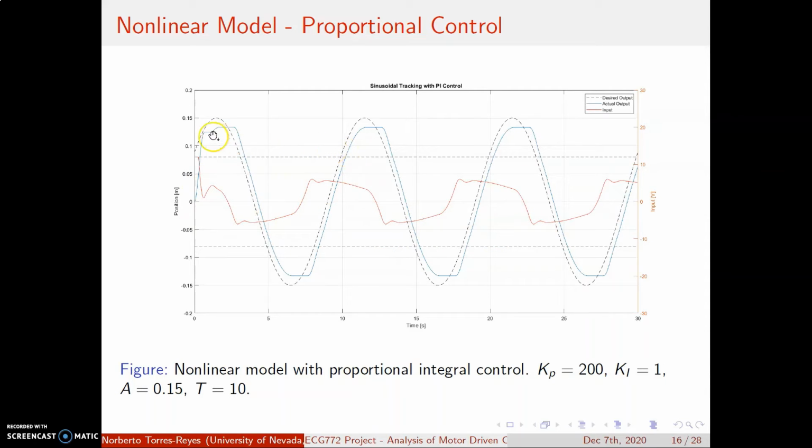For the output, you can see these flat-top peaks that are due to the Coulomb friction. So basically, when the motor input is too low, the cart will stop moving due to friction. This is something that is seen more in the experiment, and is not seen in the linear model. So it's important that we're capturing this in the nonlinear model.